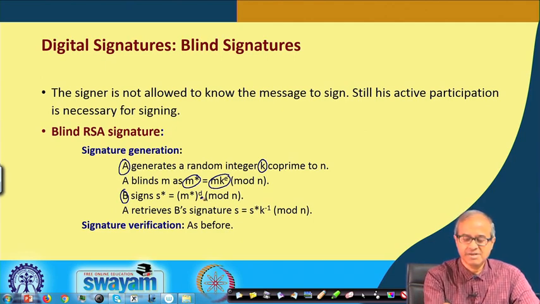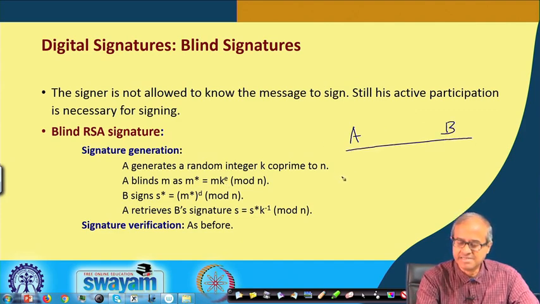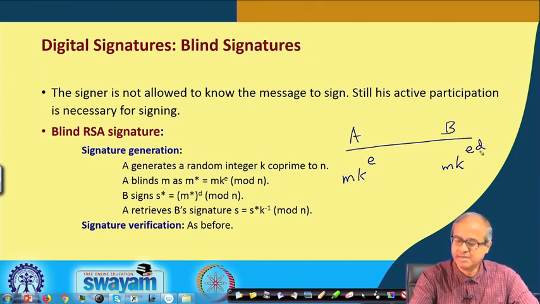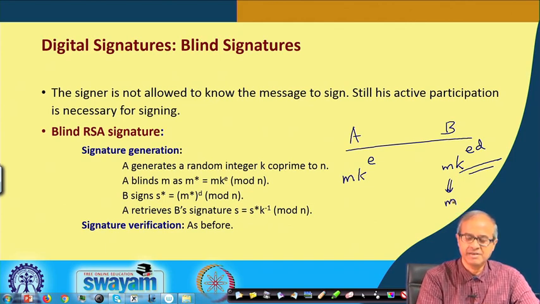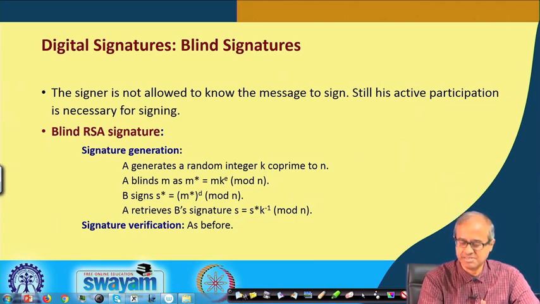You can also think of it in this way: A does m k to the power e, and B does m k to the power e, whole to the power d, that means to the power e d. Now, e d equal to 1 mod n for RSA, as we mentioned. So, this will vanish and B can get back m. This method is not that widely used, but I have mentioned it because this is an alternate approach.